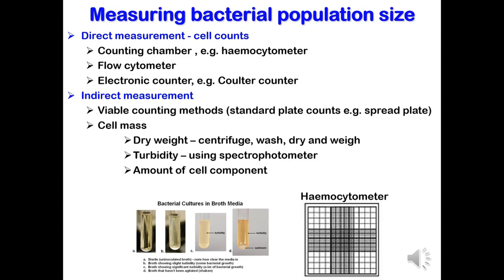And then you can also measure cell mass. It's another indirect measurement of cell number. And you can do this through measuring the dry weight, the turbidity, or the amount of a cell component.